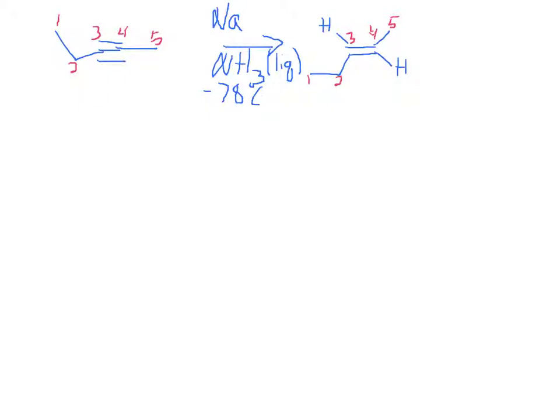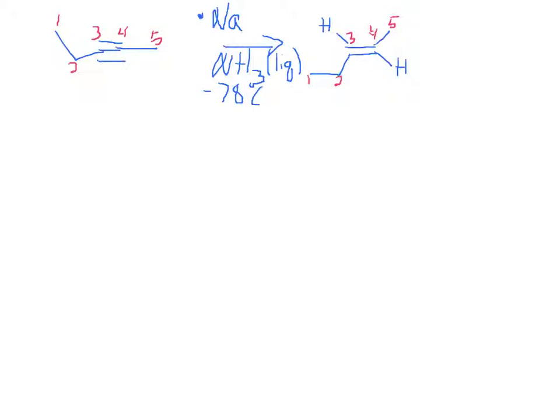So now we have our starting material. The first step, since we're using sodium metal, sodium has 1 valence electron. The sodium is going to donate an electron to the alkyne, because sodium wants to have a full octet, so it's willing to give up 1 electron really easily.